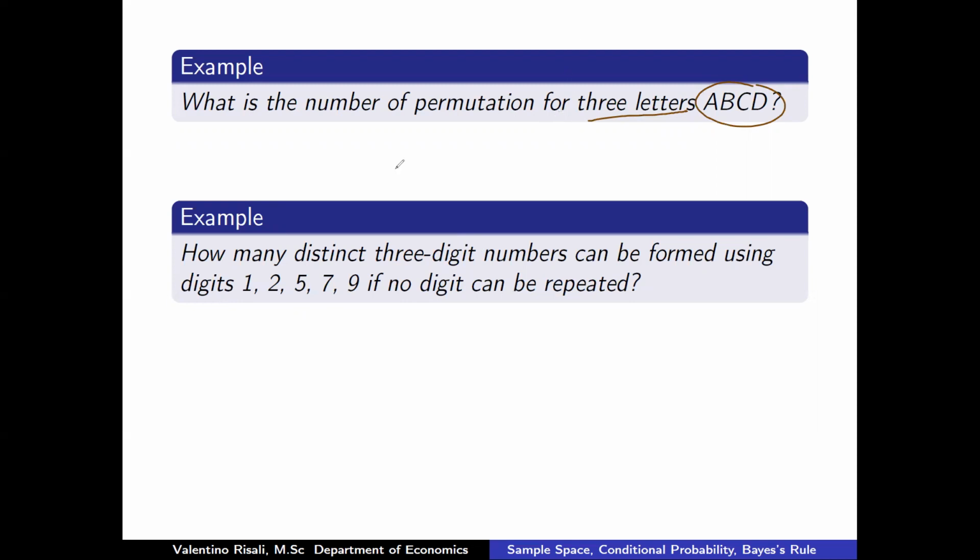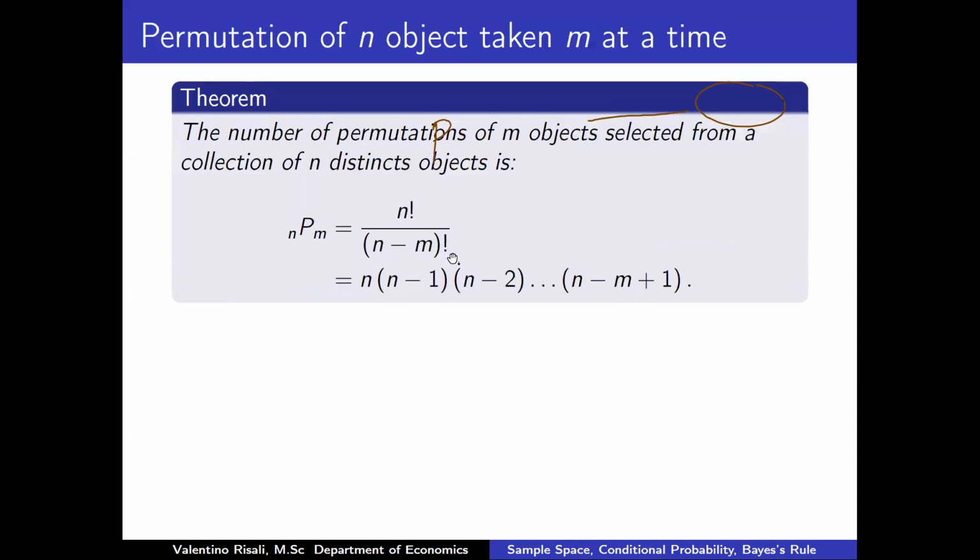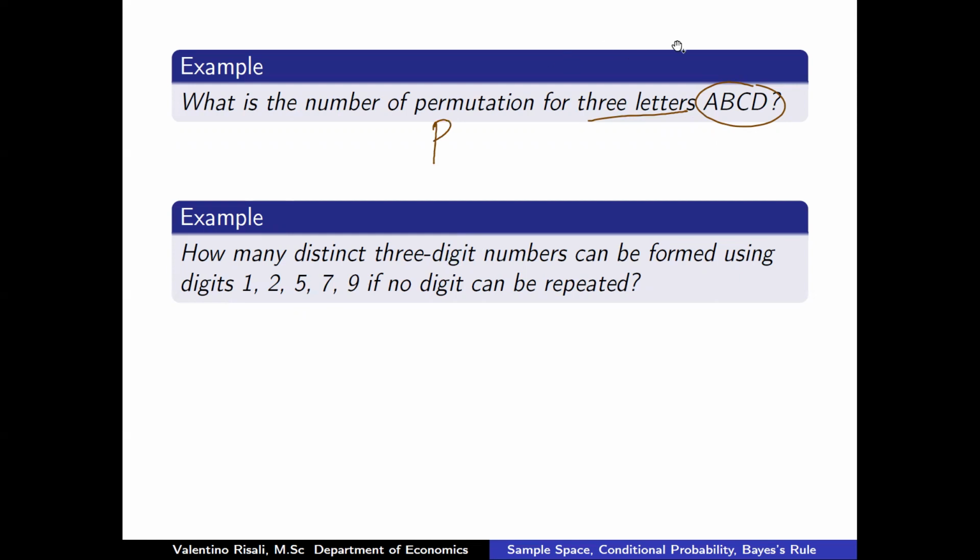So we use permutation. The number of permutations is 4 permutation 3, that is 4 factorial divided by 1 factorial. 4 factorial is 4 times 3 times 2 times 1, divided by 1 factorial, which is 1.